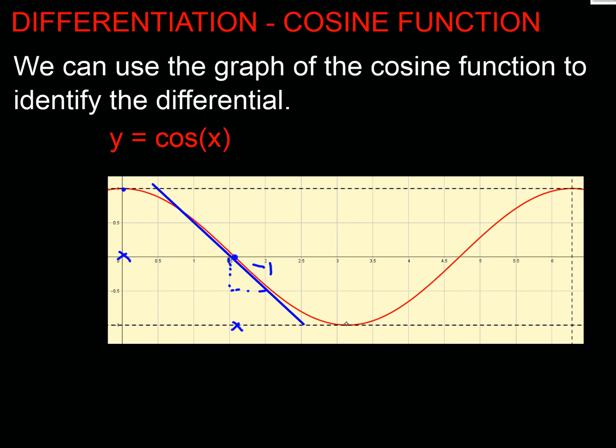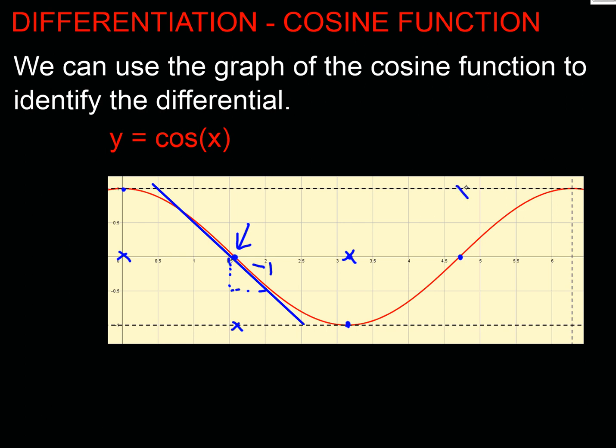If we then went to this point here, that's pi, so that x equals pi, and the gradient here again is 0, so I can mark a point there for my gradient curve. And if we get to 3 pi over 2 here, you can probably see that through symmetry with what we were doing over here, the gradient here is +1.